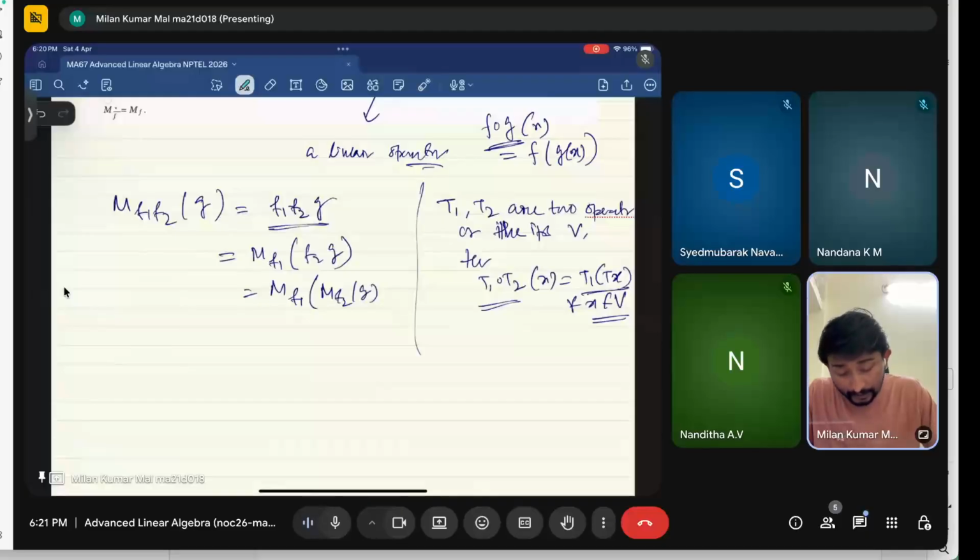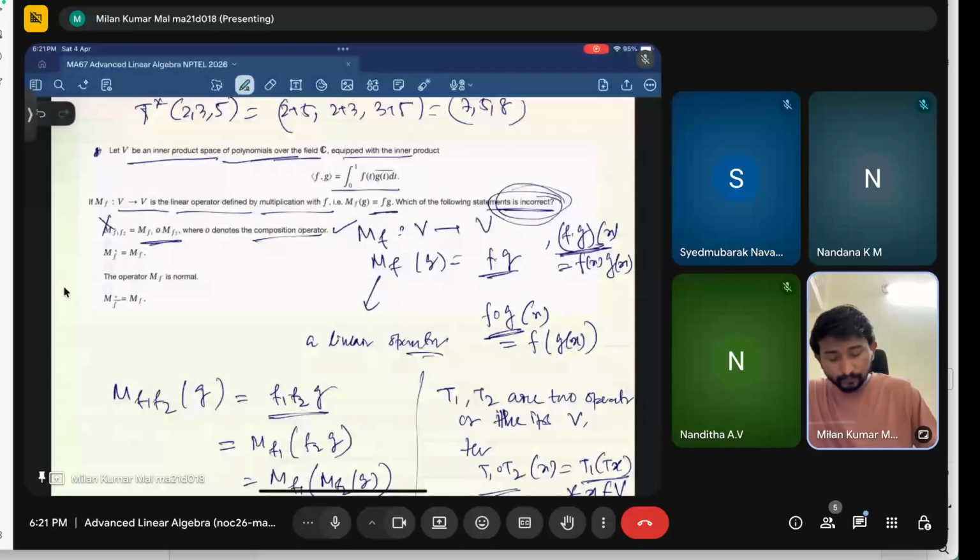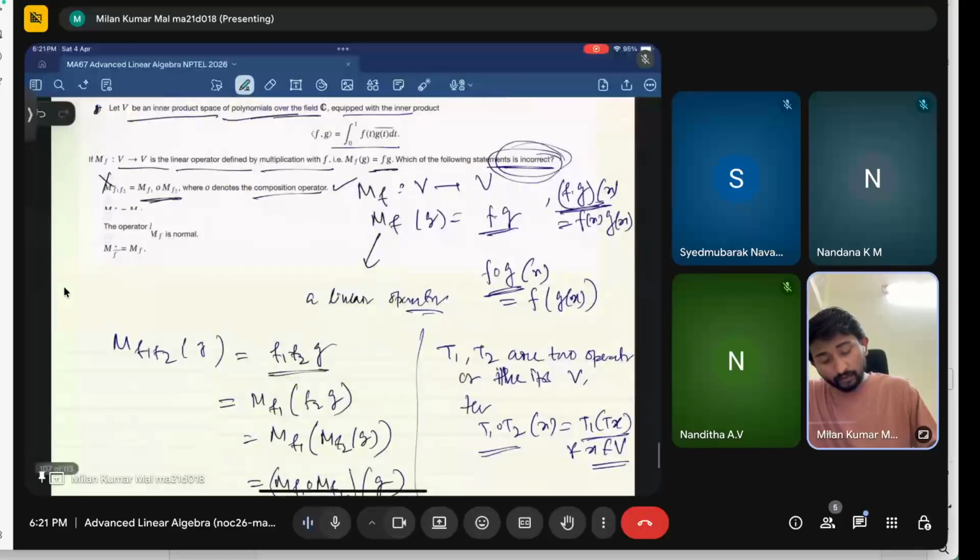And the other is that M of f star is equal to M_f. I think this will be the incorrect one. So let me check what is M of f star here. I have to find what is M of f star at the point g, whatever it will be. Suppose for any two functions g and h coming from the vector space V, M of f star g at h has to be equal to, by the formula, g at M of f h.